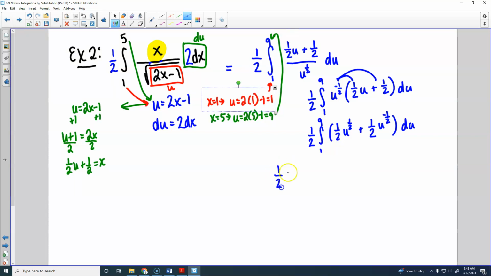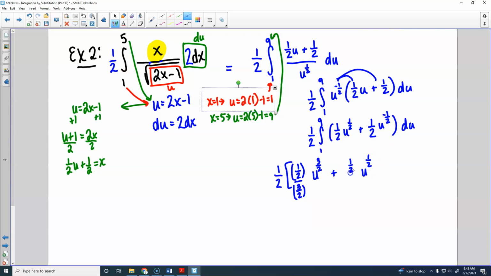So we must integrate. This is going to be u to the 3/2, and then we're going to find ourselves doing 1/2 divided by 3/2 out front. Do it in your head if you can, but if you can't, that's okay too. Write it out. Here we're going to u to the positive 1/2.